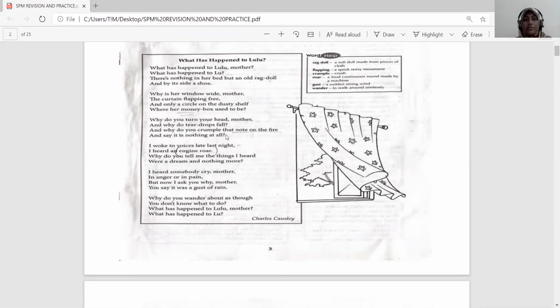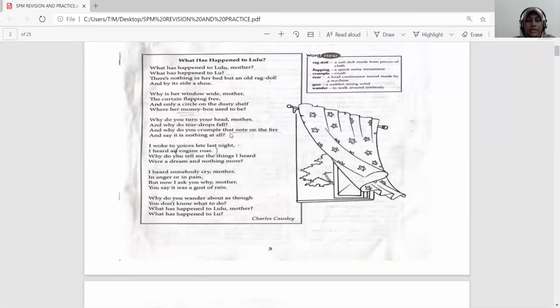Second, the flapping free symbolizes her new freedom, her new life has begun. Just like how the curtain is flapping free, and a circle on the dusty shelf means she has taken her money box, so it just left a circle in the dust on her shelf. So she has taken her money box with her.